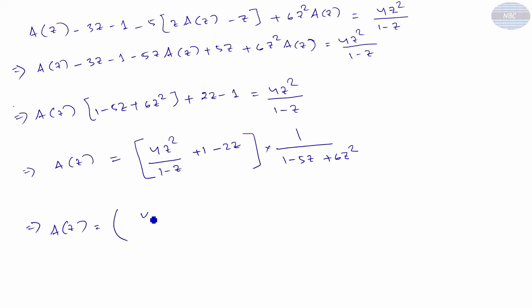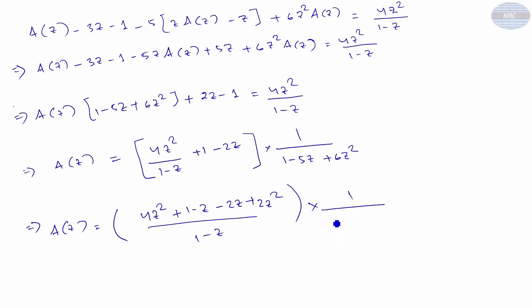Take the LCM here as 1 minus z, so this 1 minus z will be multiplied with 1 as well as minus 2z, so it is nothing but 1 minus z minus 2z plus 2z square, divided by 1 minus z, which is the LCM. Let us factorize the denominator of this term.